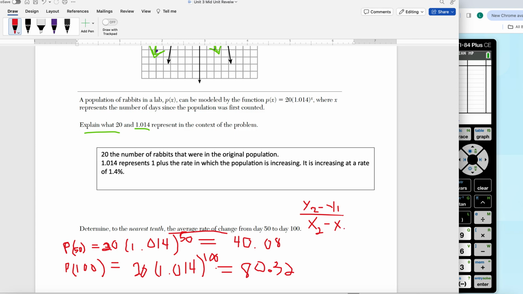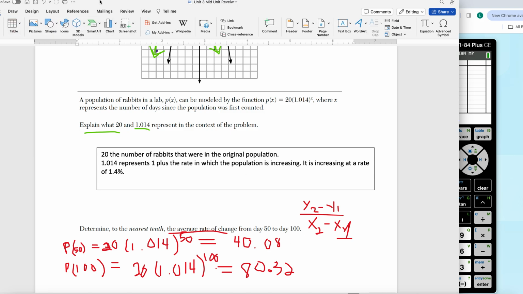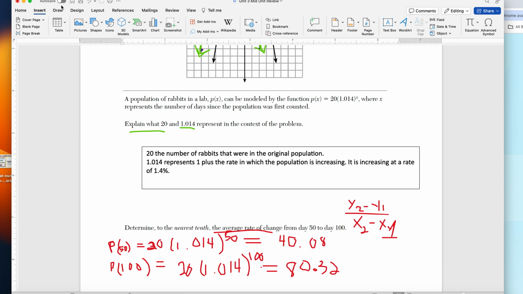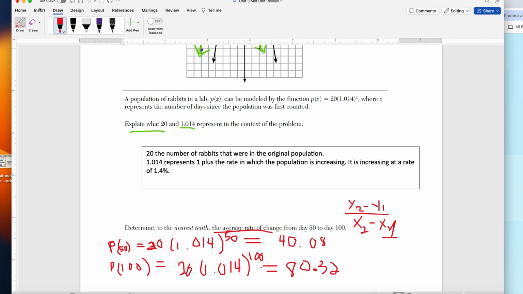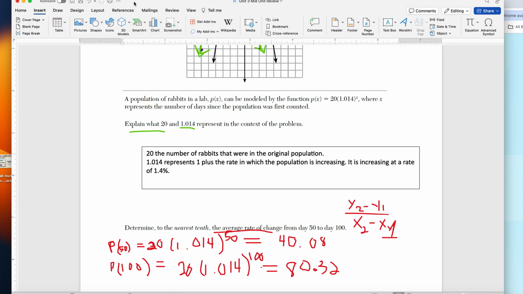Remember, it is the change in y over the change in x, or rise over run, which is why it's y over x. I want to see if I could do this neater. I'm so sorry that I had to use this pencil thing. It's not a real pencil, I'm drawing with the mouse.